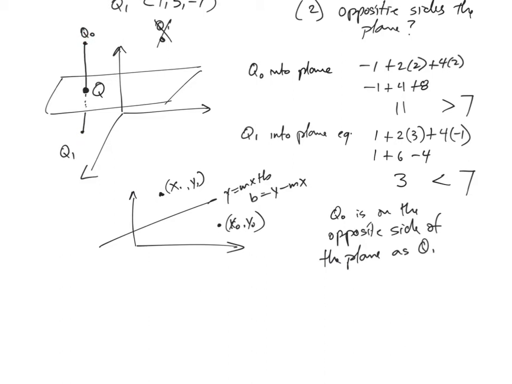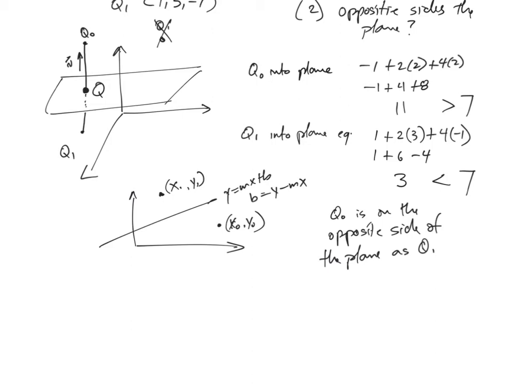And you need a vector parallel to the line to write the line equation, right? Well, I can find that. Obviously, I can find the vector pointing from Q0 to Q1. That would give me a vector parallel to the line. Or I could find the vector pointing from Q1 to Q0. Also a vector parallel to the line. So you can do that and write a line equation.